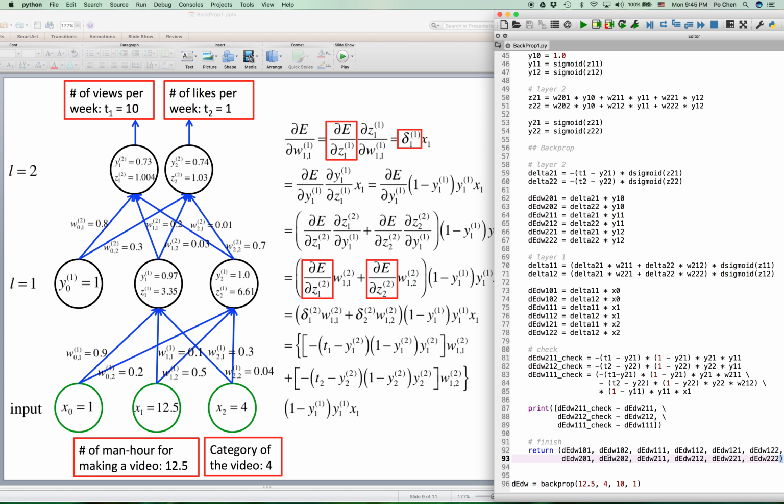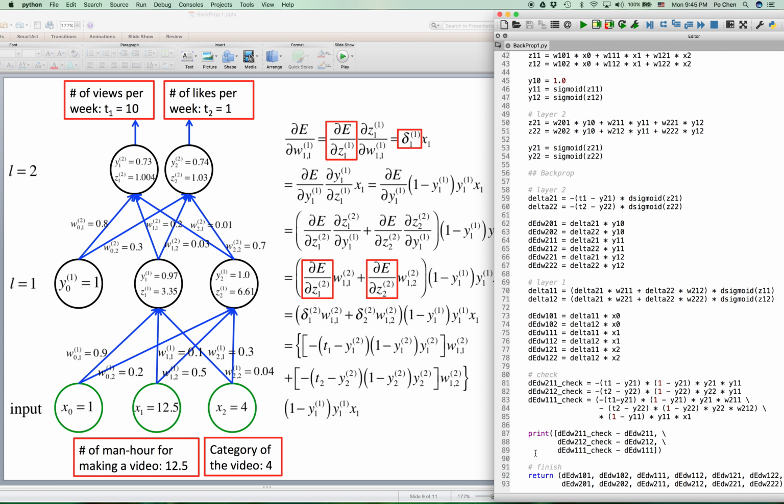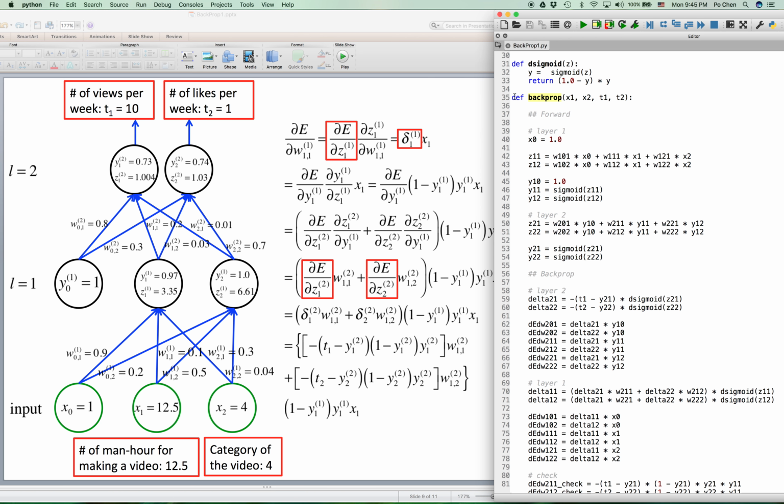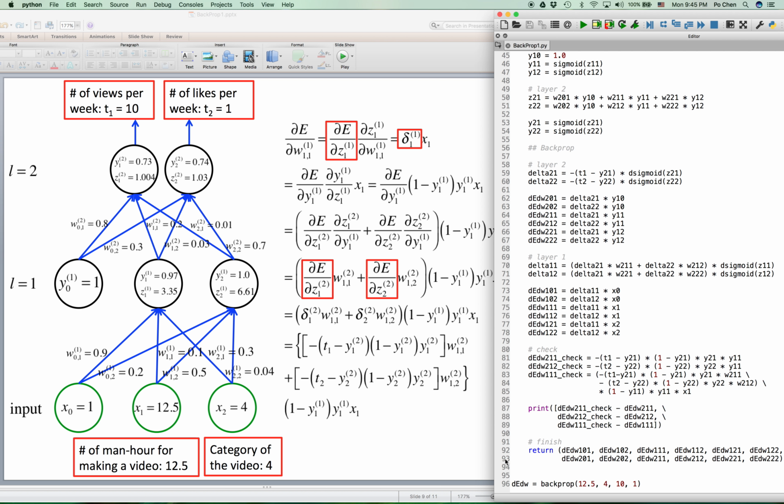After the definition has finished, at this particular line, we call the function backprop. The definition of the backprop function goes from line 35 to line 93, and on line 96 we call the backprop function with the correct input.